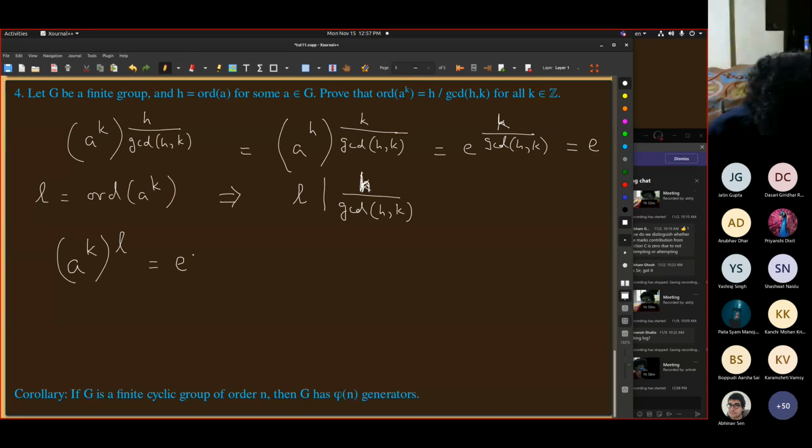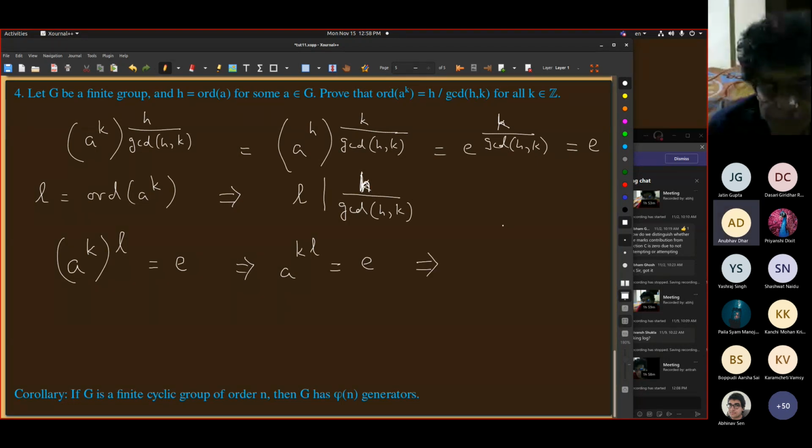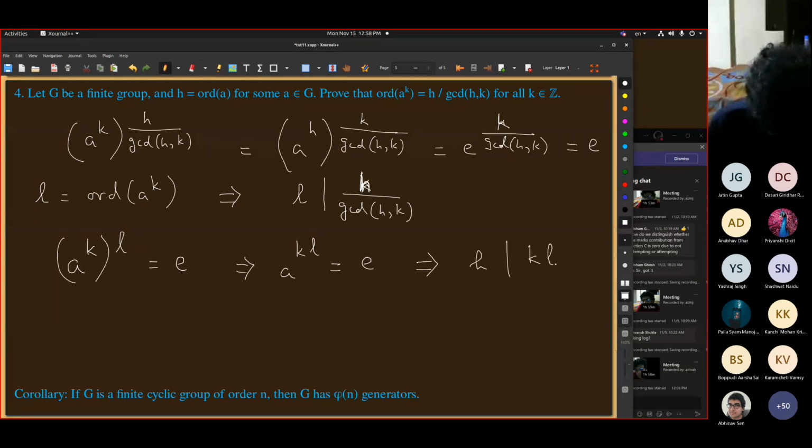Then this will imply A power KL is equal to E. This will imply what? KL is a multiple of H, so H divides KL. And I can take out this GCD(H,K) from both sides.